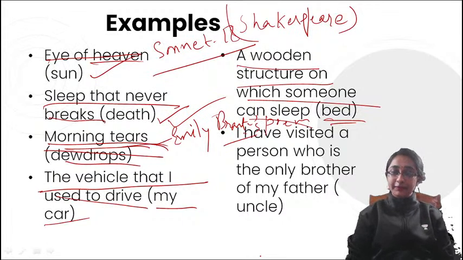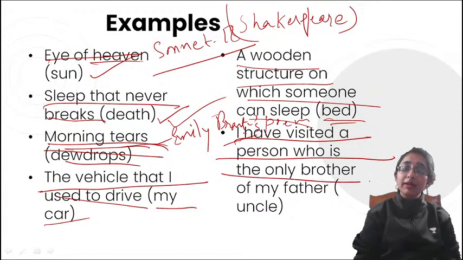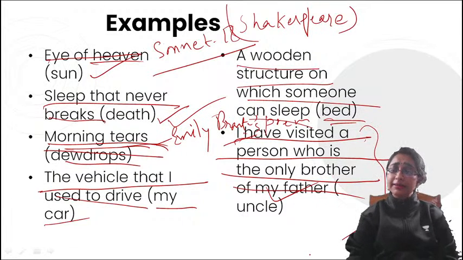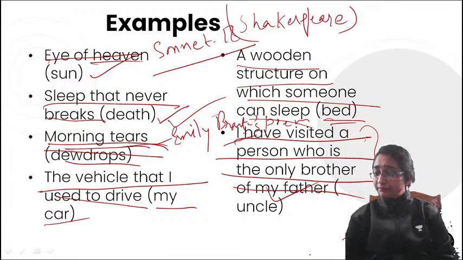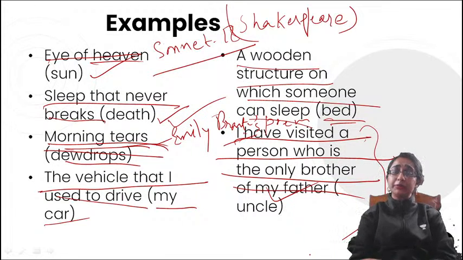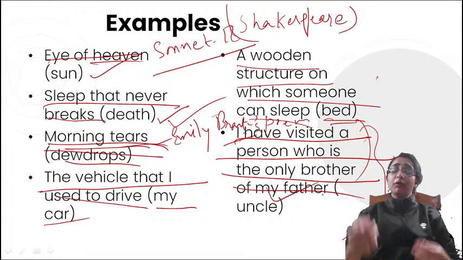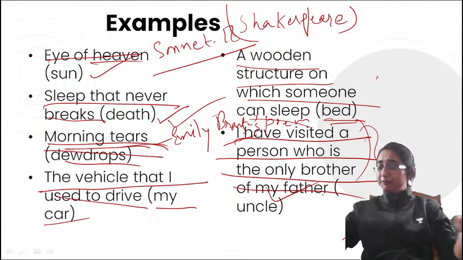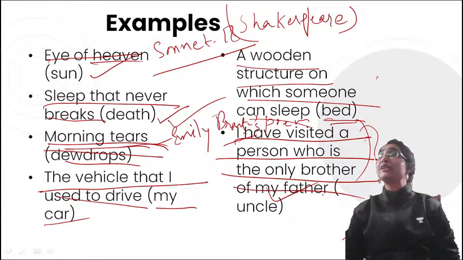Okay. Another thing, I have visited a person who is the only brother of my father. That means he is my uncle. You can see this kind of example in your paper 1 course also, blood relation. In blood relation, this type of sentence is given: who is the brother of my father, who is the only son of my grandfather, the only daughter-in-law. This kind of long sentences were given, and you need to identify what the relationship actually is.